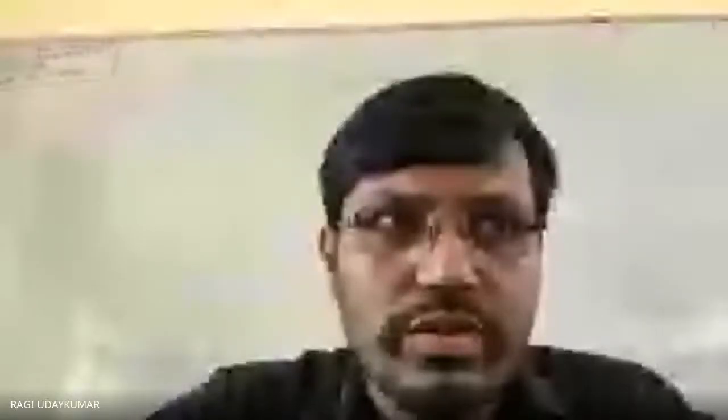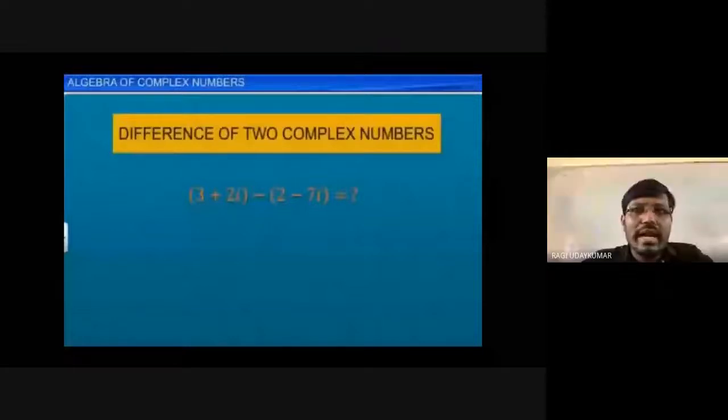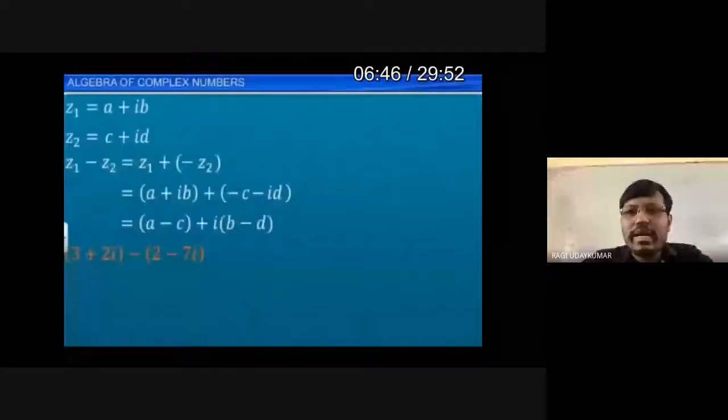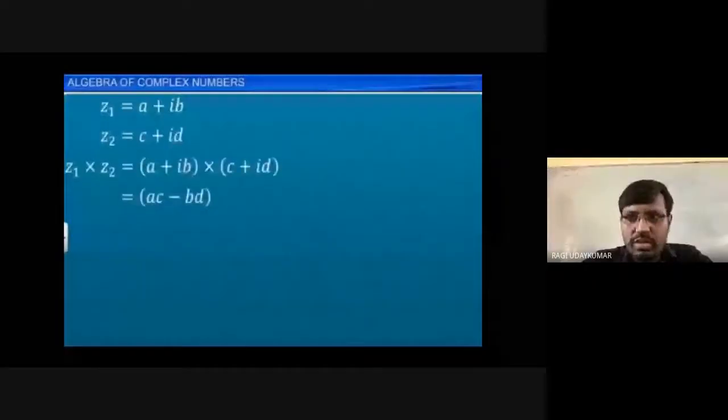In the same way, for the difference of complex numbers, the real part is subtracted and the imaginary part is subtracted. So it satisfies the closure property. This is the closure property of the difference of two complex numbers.